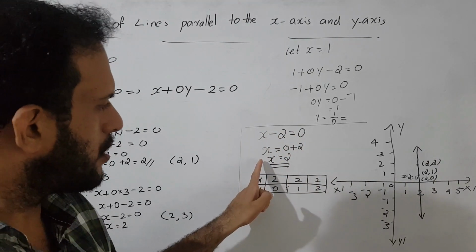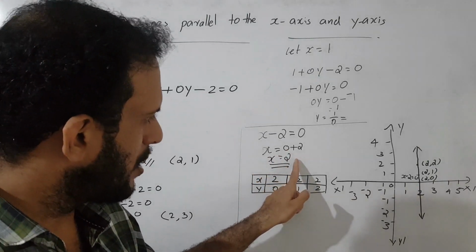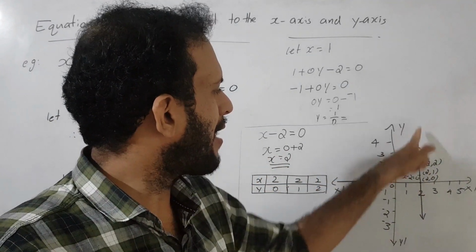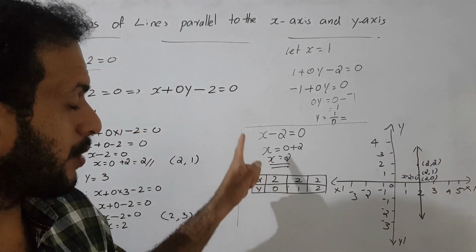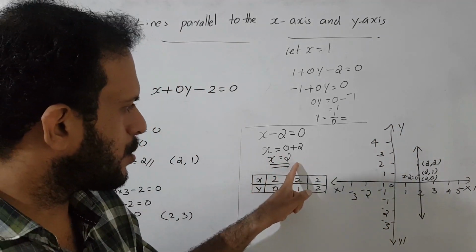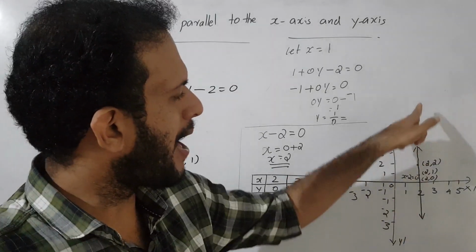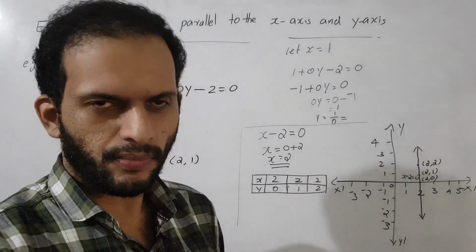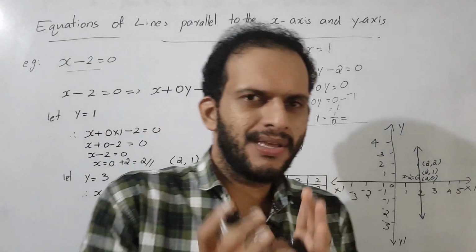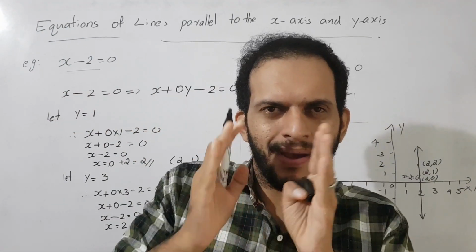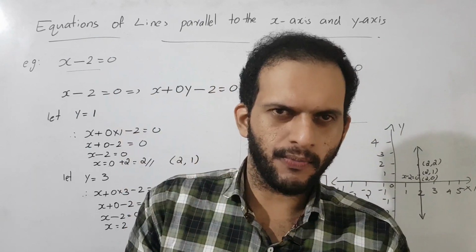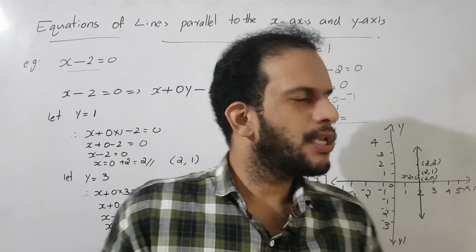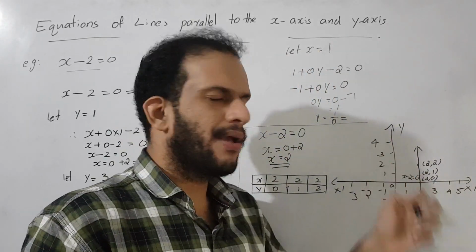If the equation is in the form x is equal to 2, the graph is parallel to the y-axis. If the equation is given in the form x is equal to a number, that graph is parallel to the y-axis.